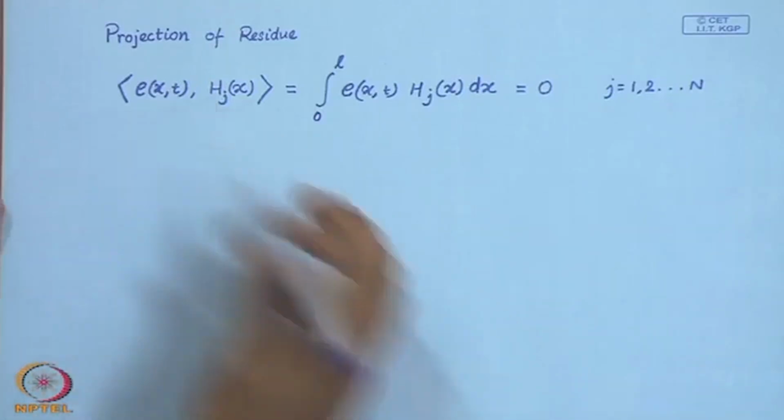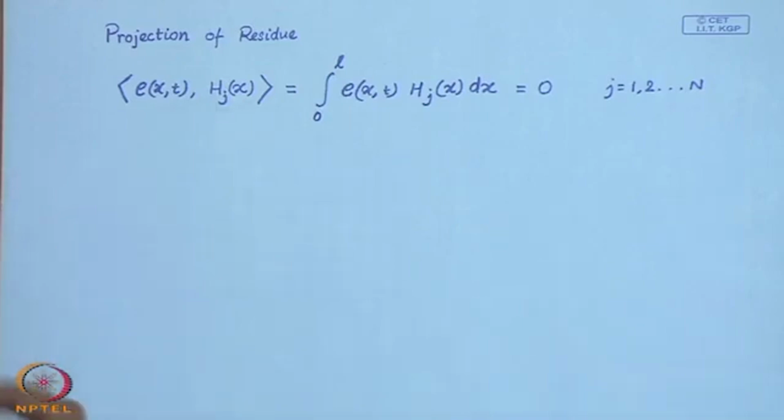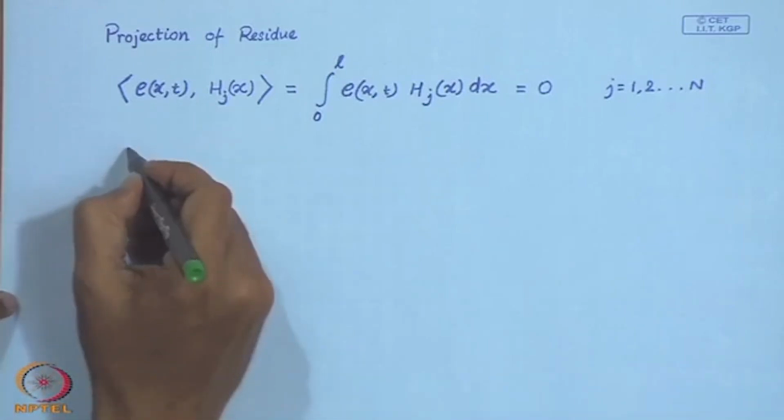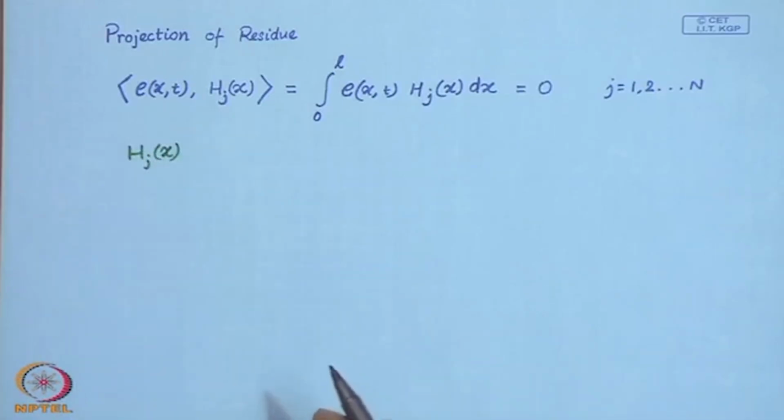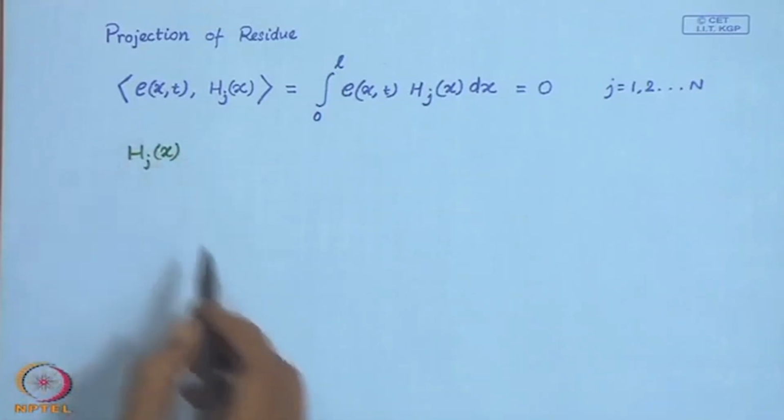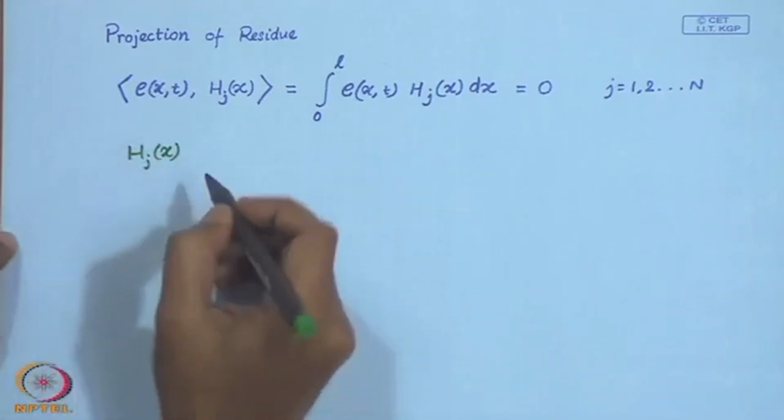Now, this choice of these functions h decides the method. So, what are the different ways of choosing these functions on which we project?